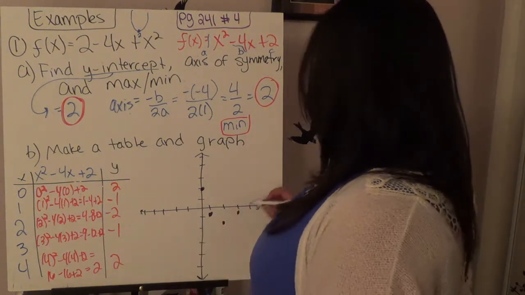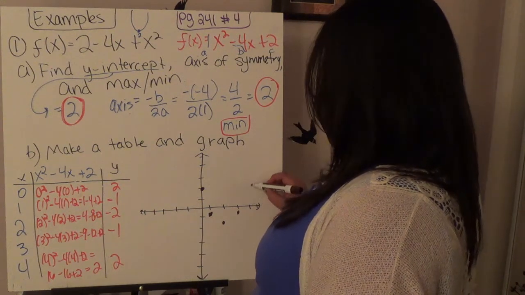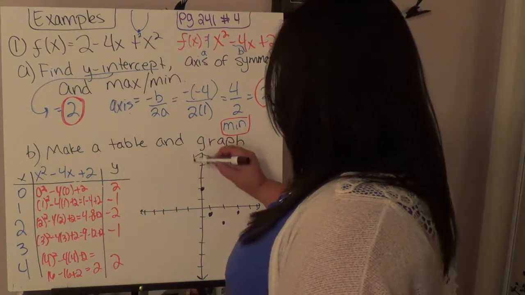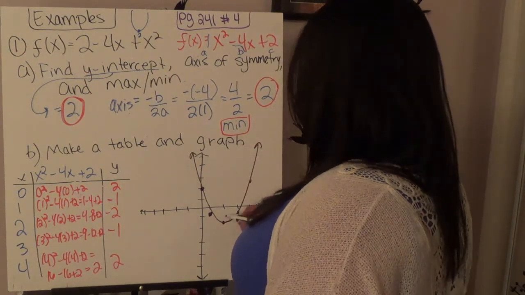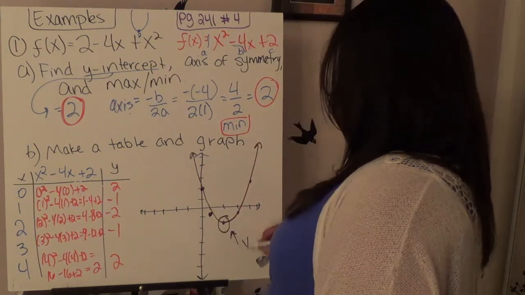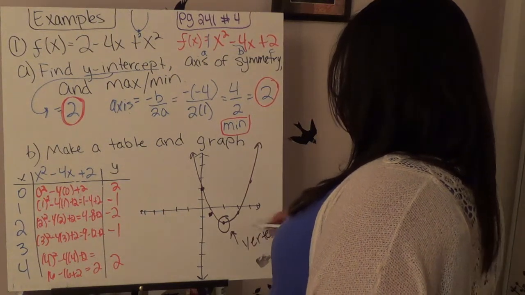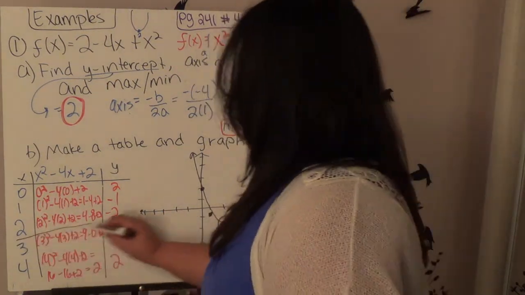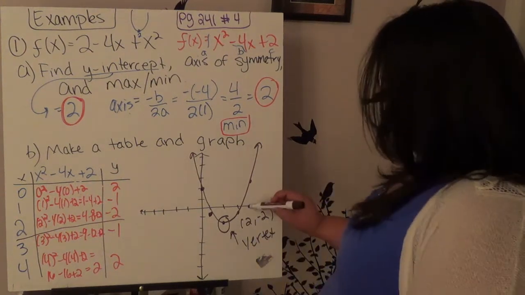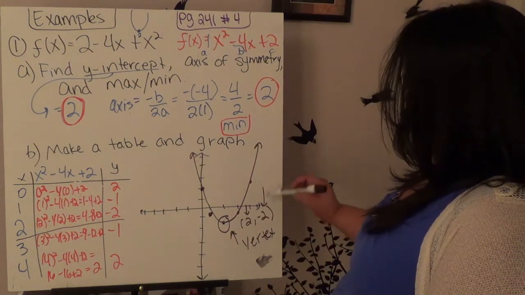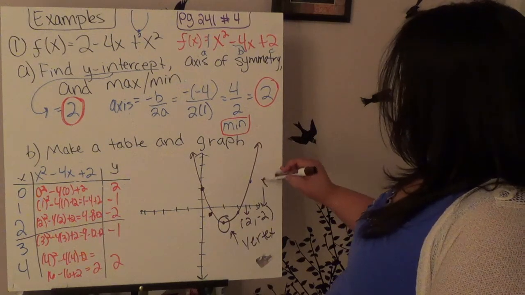And then 4, positive 2. So you can see here that this right here is my vertex, it's this one right here, 2, negative 2. And this right here is my axis of symmetry. This, because I have this, is my minimum.